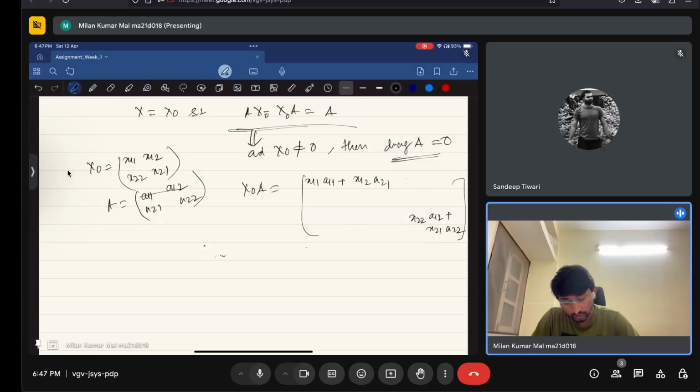This equals x11 A12 plus x12 A22, and this one will be x22 A11 plus x21 A21, right?